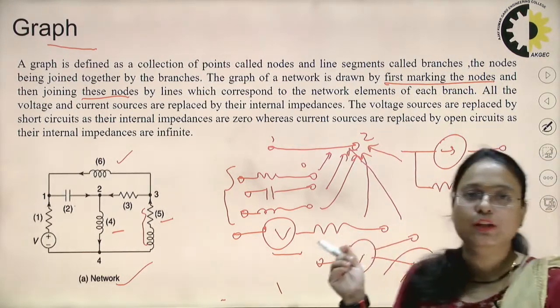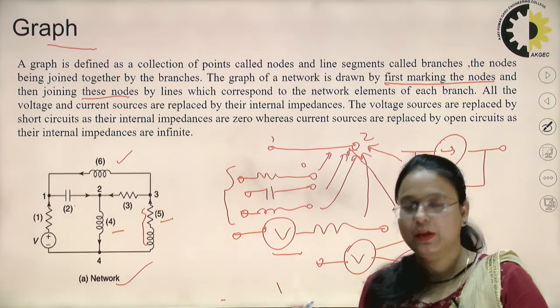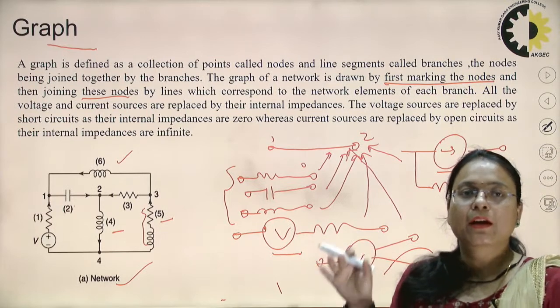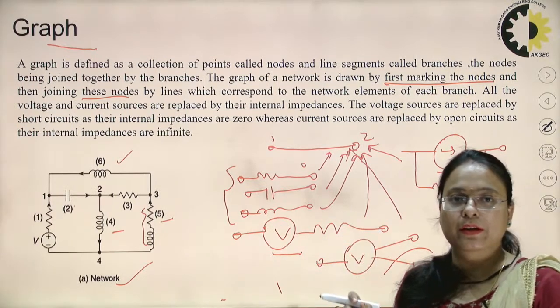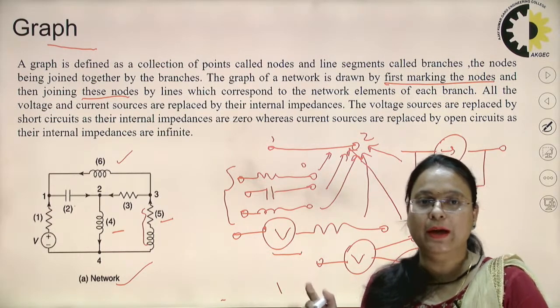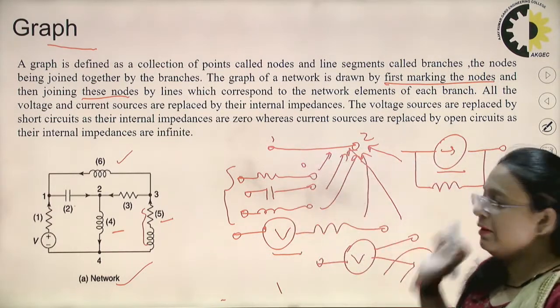Similarly, the same is the case for the current source: if it does not have any impedance in parallel with it, then we can consider its internal impedance and replace it by a single branch, right.